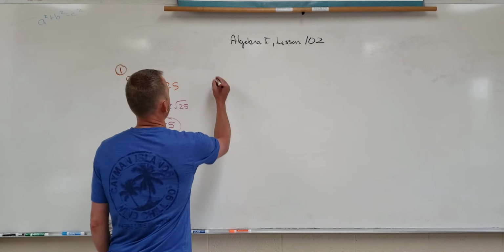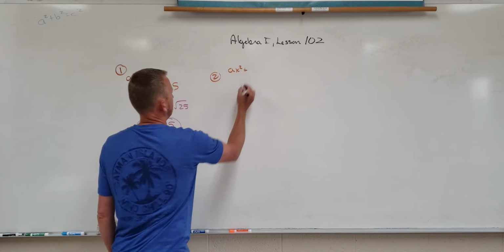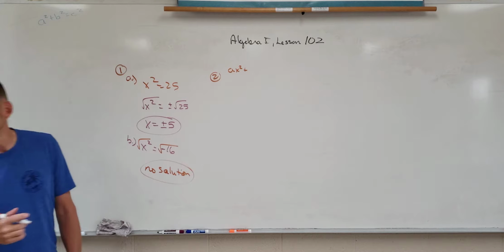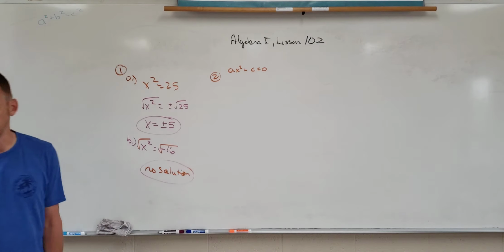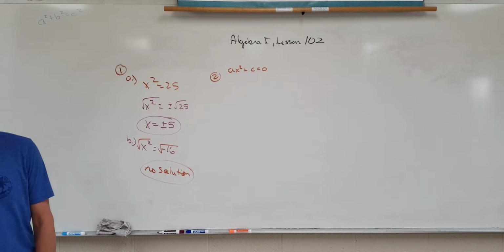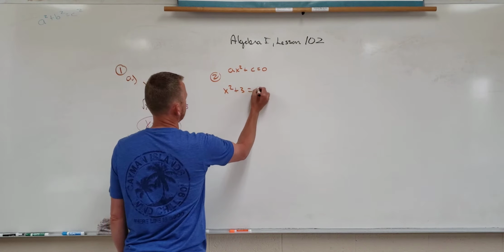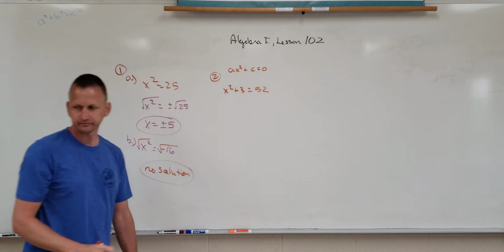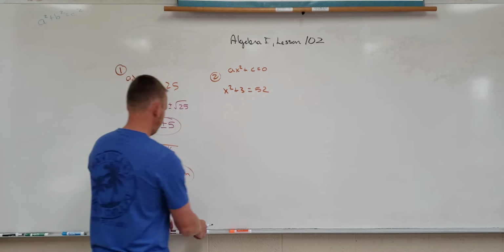Example 2. Notice it says we're solving ax squared plus c equals 0. So we're still simply just solving these. Okay? So we have x squared plus 3 equals 52. Solve it just like we normally do.